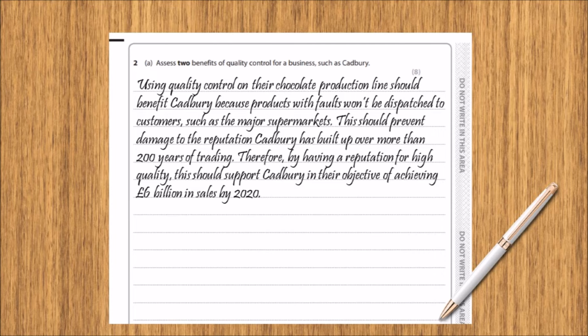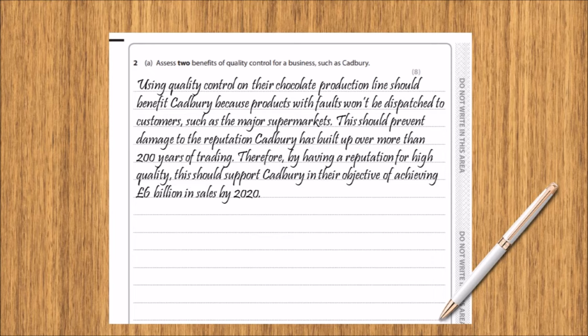But we want to go further. We want to try and analyze this in greater detail. We want to try and keep the chain of analysis that we're creating going even further. So we might say that therefore, by having a reputation for high quality, this should support Cadbury in their objective of achieving 6 billion in sales by 2020.